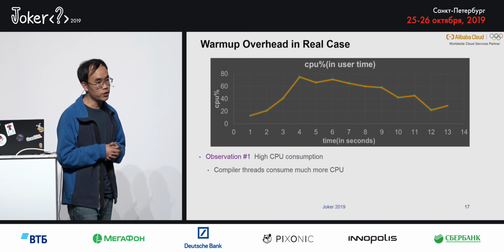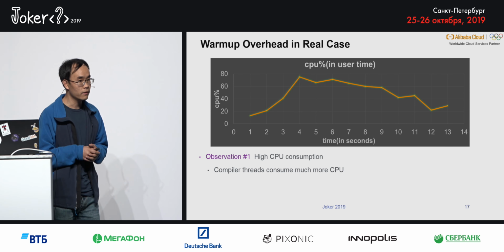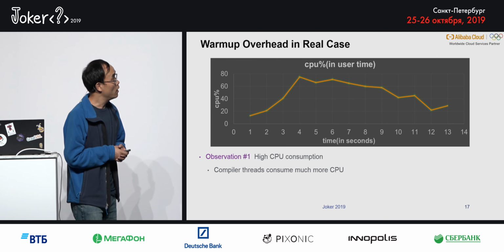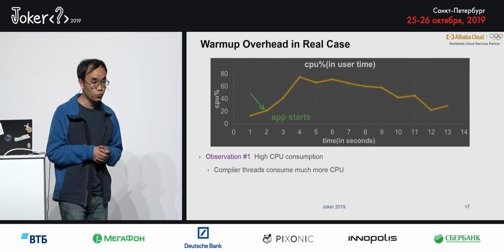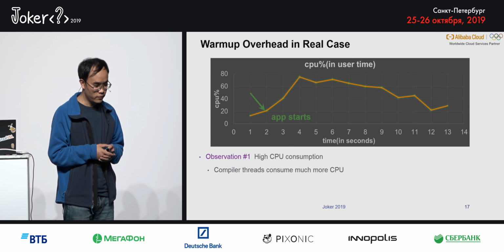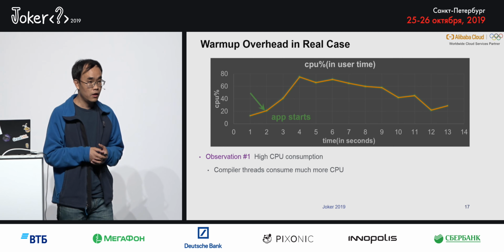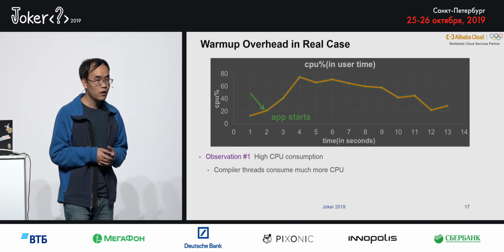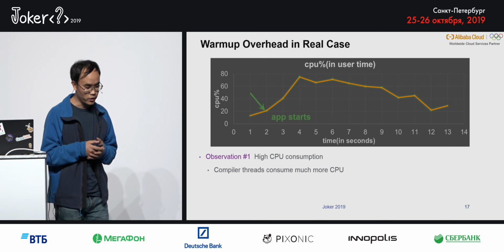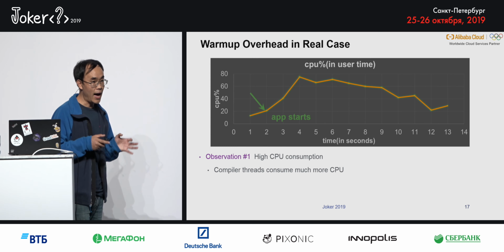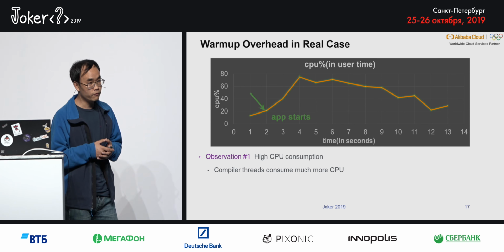This is a real case. I will show you the warm-up overhead that occurred in our Alibaba production. When the application is kicked off, we have two observations. The first is high CPU consumption. The compiler thread uses lots of CPU cycles to do the compilation. Even worse, the application threads compete for CPU cycles with the compiler thread.